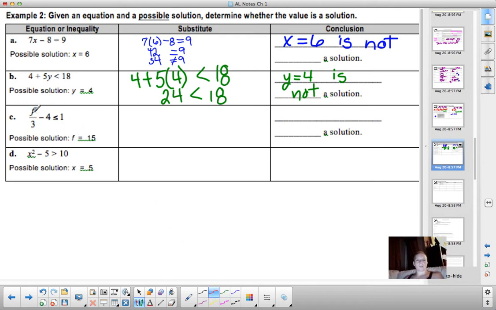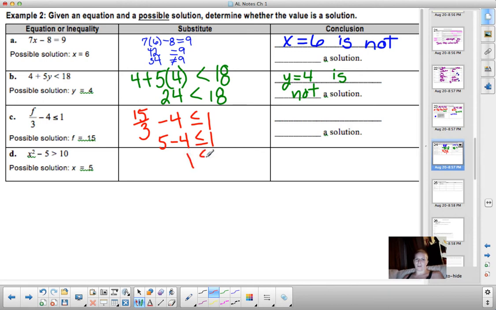Let's look at letter C. So we've got another inequality, and this time we're going to plug in a 15 for the place of the variable f. 15 over 3 minus 4 less than or equal to 1. 15 over 3, well that's 5. 5 minus 4 less than or equal to 1.